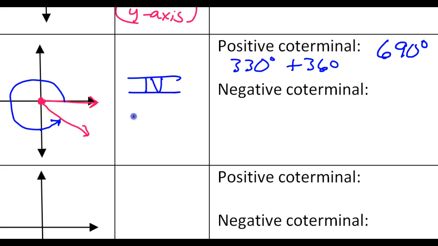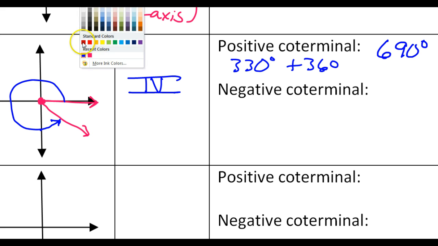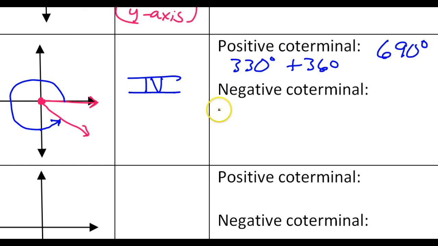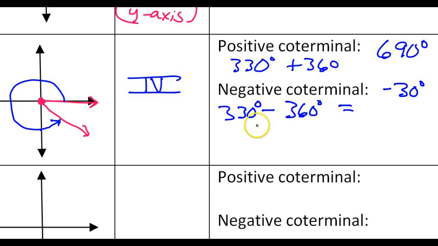Okay, now if I want the negative coterminal, you could go 330 degrees minus 360. Okay, but obviously that's going to be negative 30 degrees.